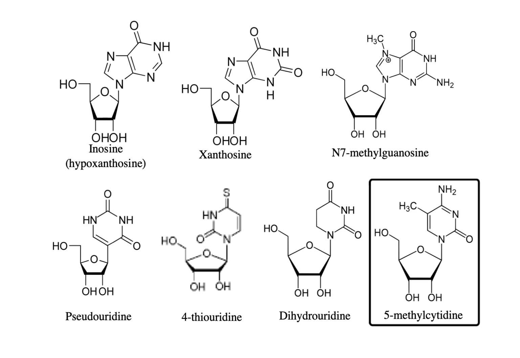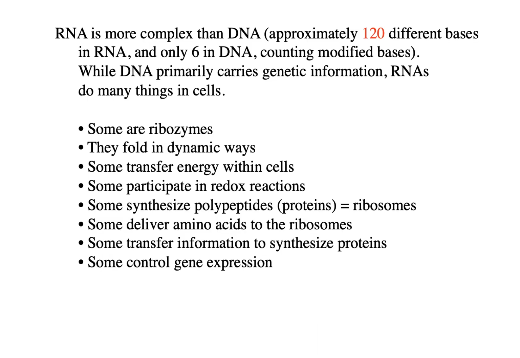And then 5-methylcytidine. So unlike DNA, RNA is much more complex, so that approximately 120 different bases have been described in RNA, while only 6 are known for DNA, that is A, G, C, T, and then methylated methyl A and methyl C.